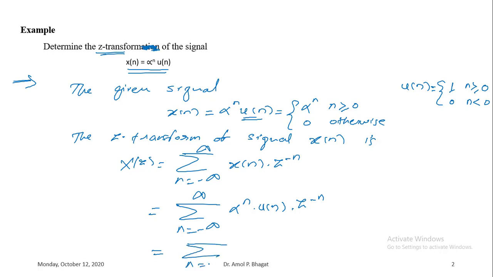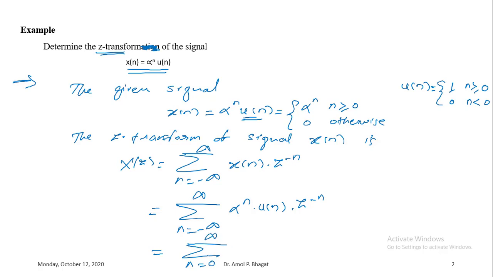Again you can modify the summation limit, because this signal exists only for values of n greater than or equal to 0, and for negative values of n it is 0. Therefore you can eliminate the negative values of n from the summation limit. So minus infinity to minus 1 will be eliminated and n is equal to 0 to infinity will be kept.